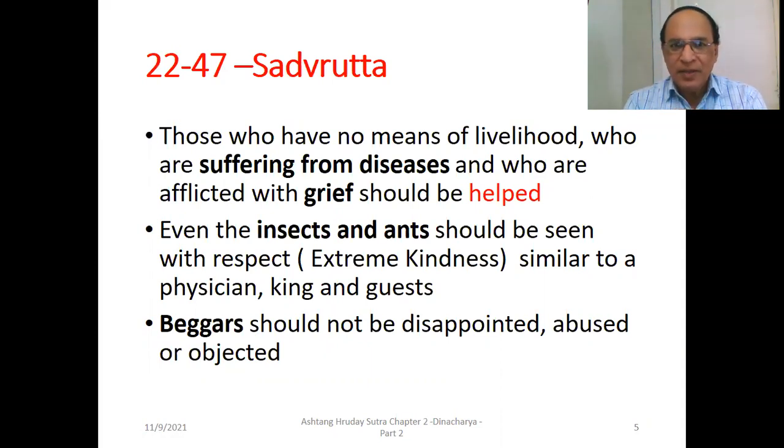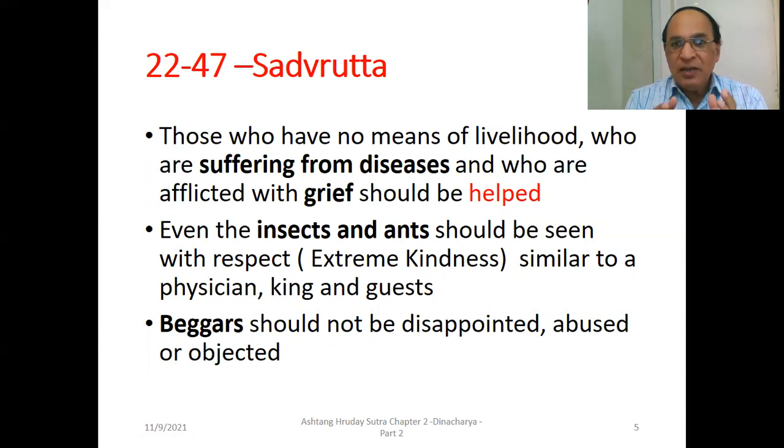Vagbhat even says insects and ants should be seen with respect. Extreme kindness. I will not say too much about religion and caste, but I think the Jain religion is very sensitive regarding this aspect, and they follow it very strictly. They try to be extremely kind in their life and behavior. So extreme kindness is very essential in our life.